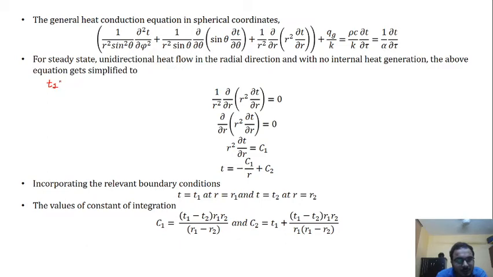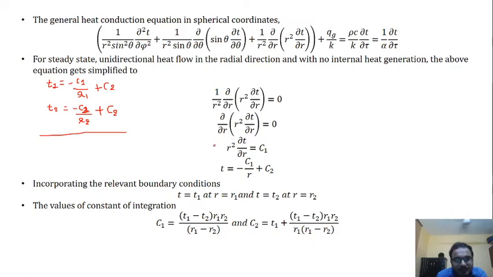T1 equal to minus C1 divided by R1 plus C2, and the second boundary condition, once we apply this, T2 is equal to minus C1 divided by R2 plus C2.